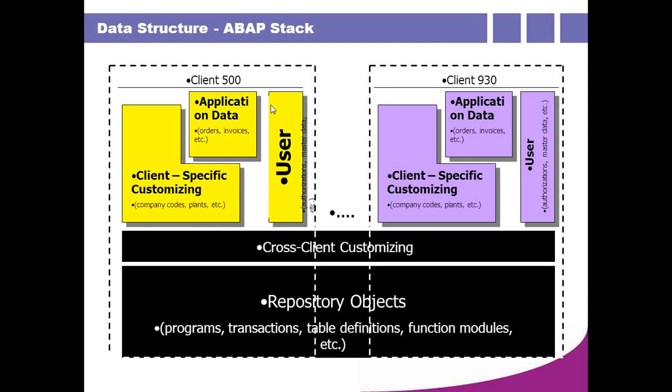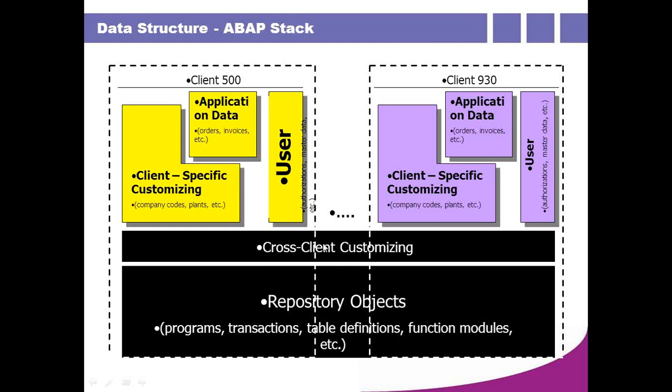Every SAP system has only one repository and one cross-client area. But on top of that, you might have multiple clients. As I told, we can go for 1,000 clients. That's why these two are called client independent. Client independent means it's not specific to any client. This can be accessed by any client.